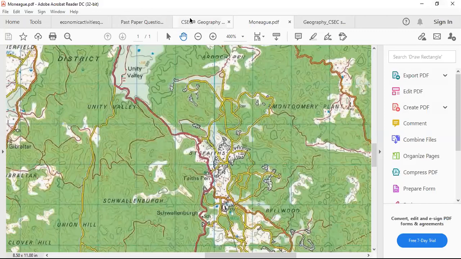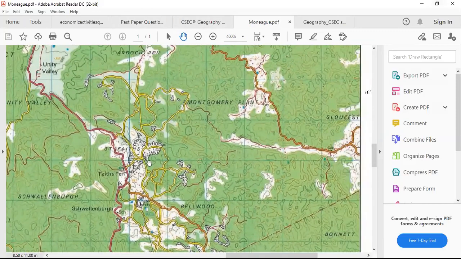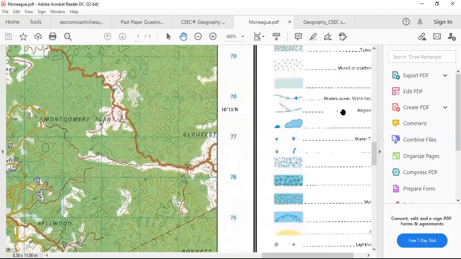What about roads in terms of relief? The roads are located where? Miss, the red lines are the roads.